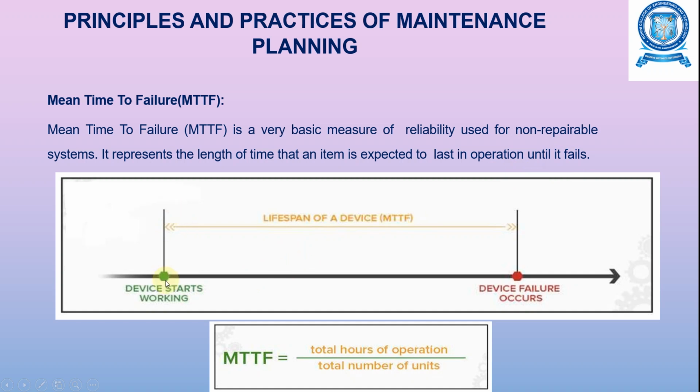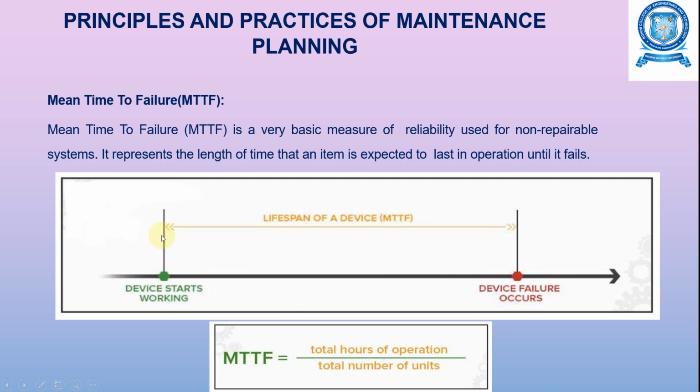Here you can see from this figure, this is the starting point, that is the device starts to work, and this red mark is the indication where the device failure occurs.